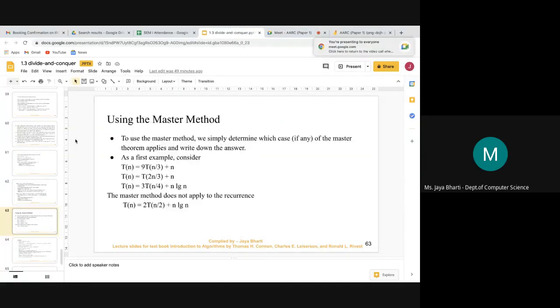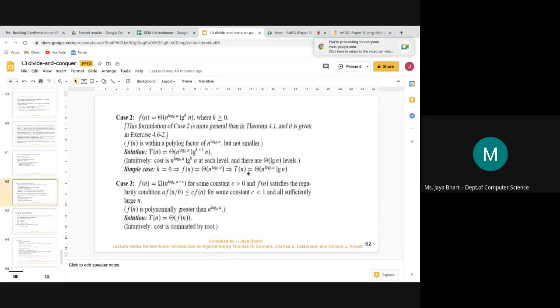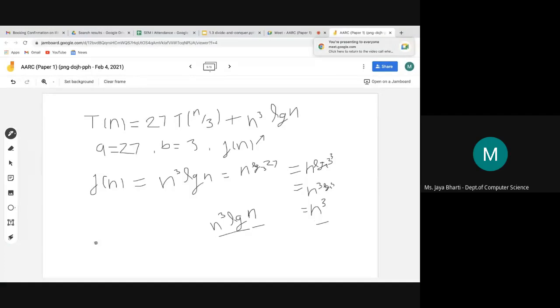So in case 2, the solution is T of n is equal to n to the power log a base b into log n. So the solution will be T of n is equal to theta of n to the power log a base b, which is n cube, and log n.